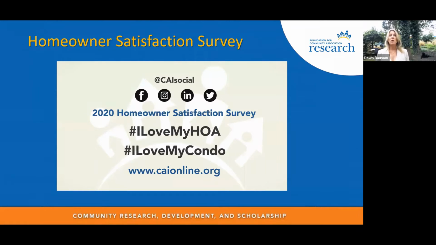Generally speaking, people are really happy living in their community associations. Generally, they like their managers, they like their neighbors, they like their board members, they even like their rules and think that their rules protect their property values.